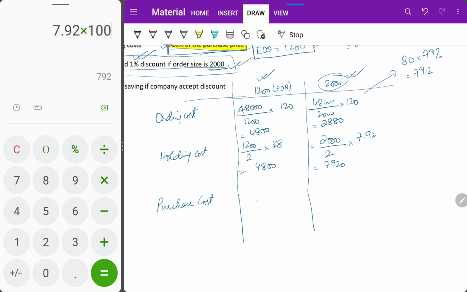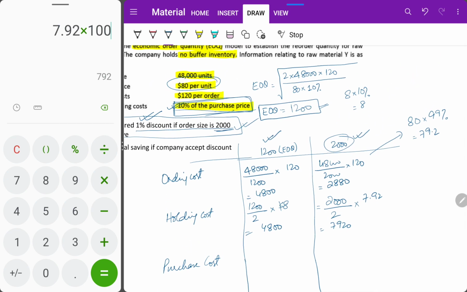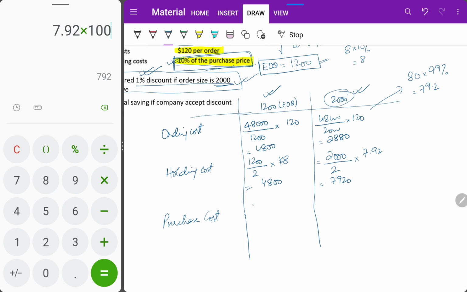So what will be the purchase cost in this case? We have to calculate purchase cost for the whole year, right? So the annual demand is 48,000, right? 48,000 times 80 is 3,840,000.